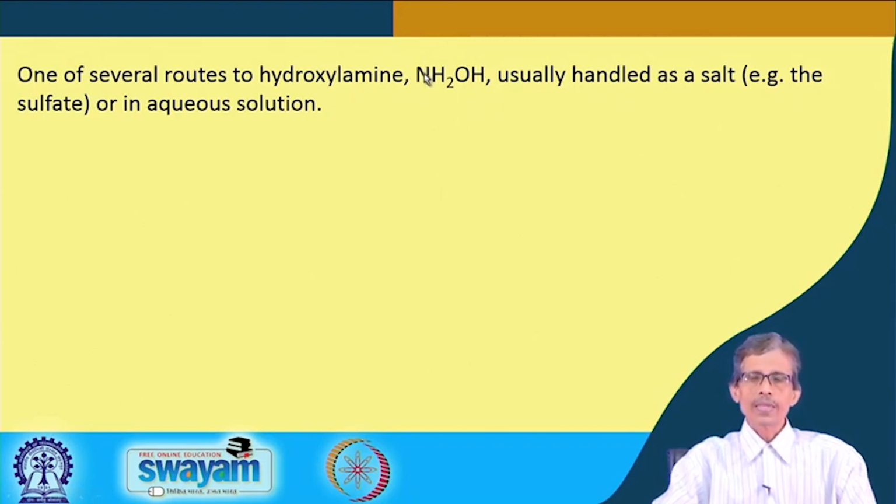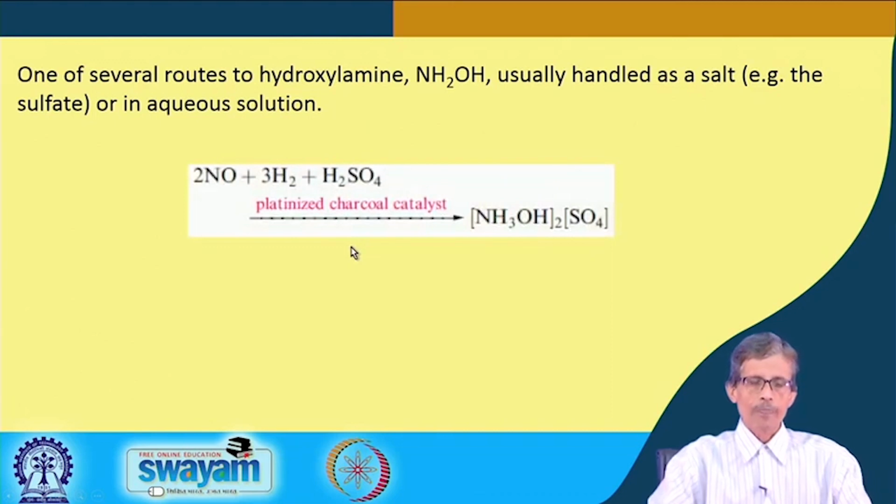Similarly, since this is a basic compound, it can be stabilized as a sulfate salt, that means it is protonated and its anion is sulfate or hydrogen sulfate. Like hydroxylamine hydrochloride or hydroxylamine bisulfate, and in aqueous solution, to keep away from its reactivity, that means its dangerous behavior.